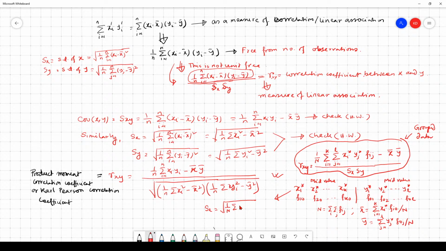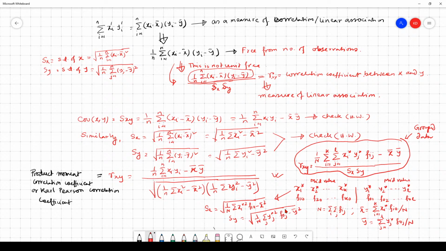So similarly, we can apply the same formula here also. X bar square and sy, okay.